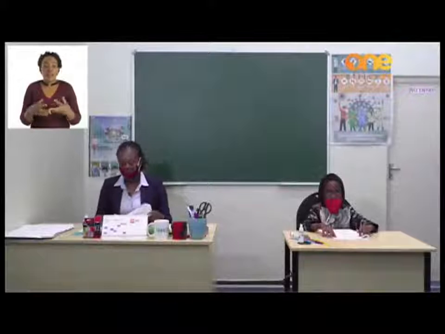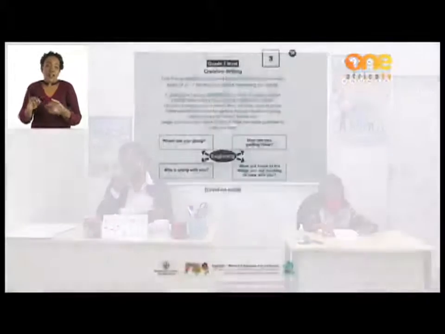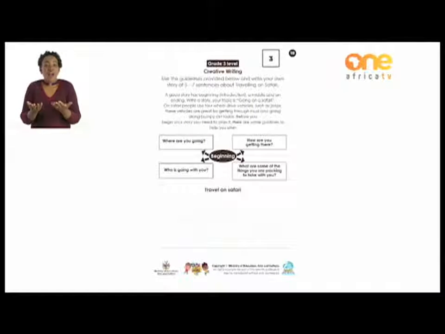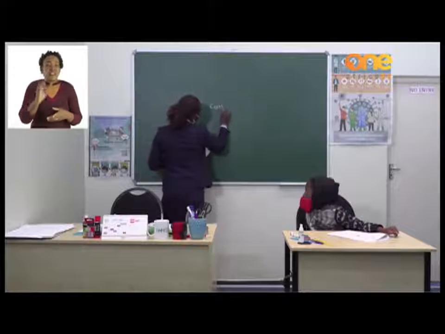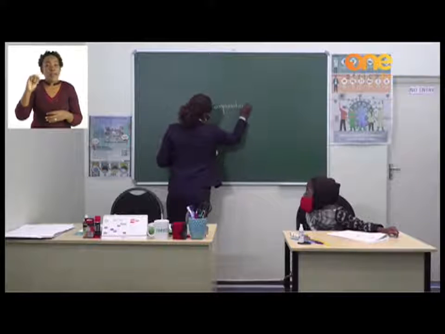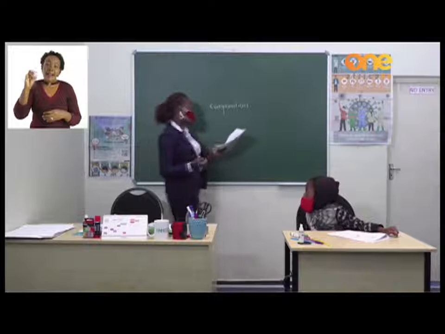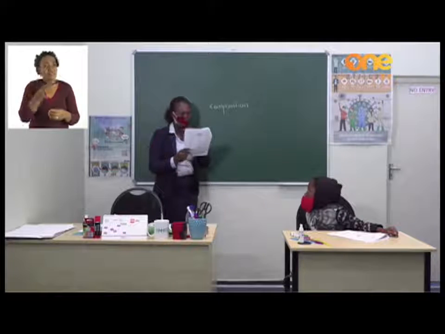Let's now move on to page 19, where we are going to learn about creative writing. Creative writing can also be called composition. Composition. I know it's new to you, grade 3s, but it's very interesting.